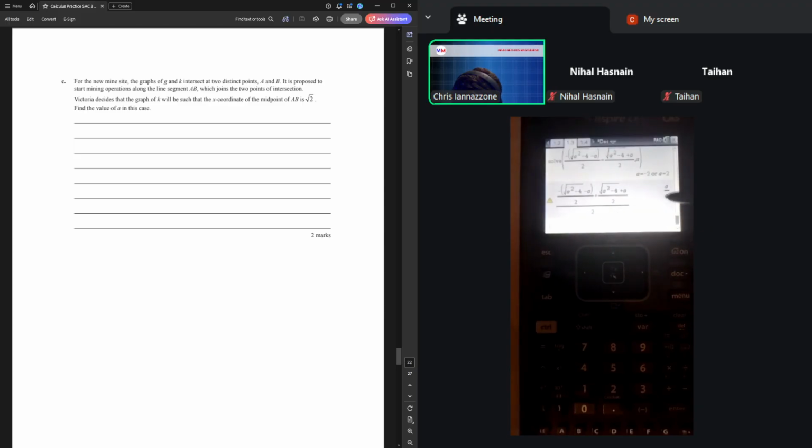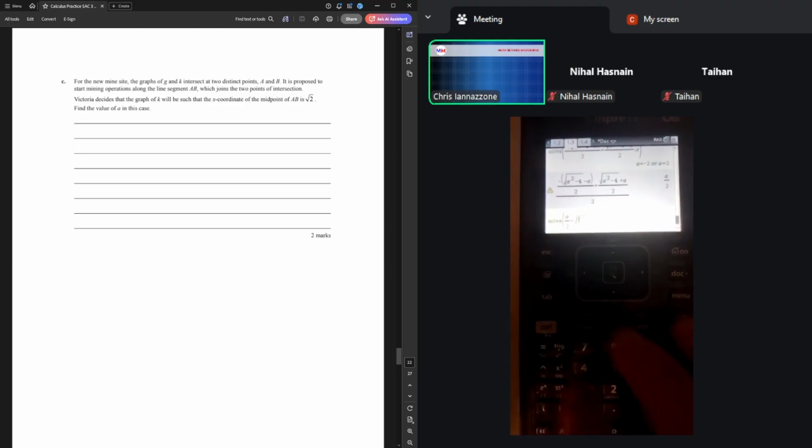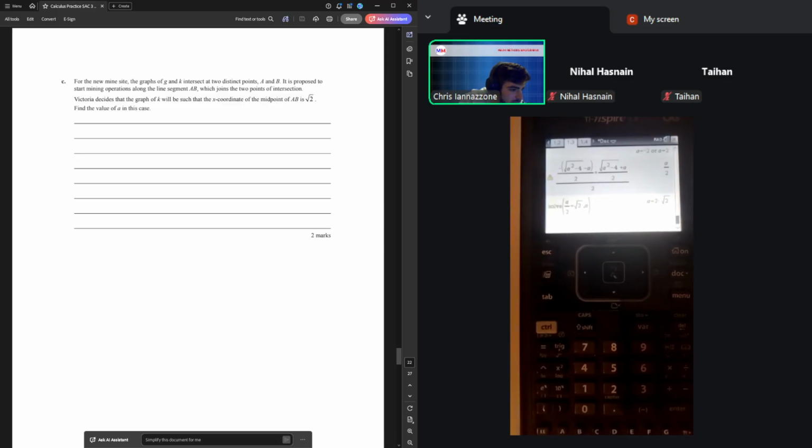So if we now have a over 2 as the midpoint, but we also know that should be root 2, finally we're going to have a over 2 equals root 2, comma a, and that's going to finally get us our valid solution of 2 root 2 there.